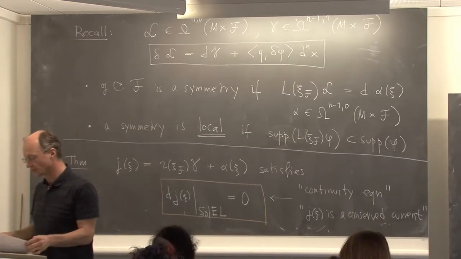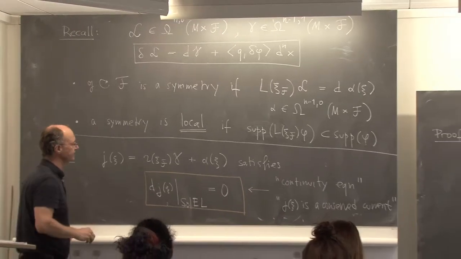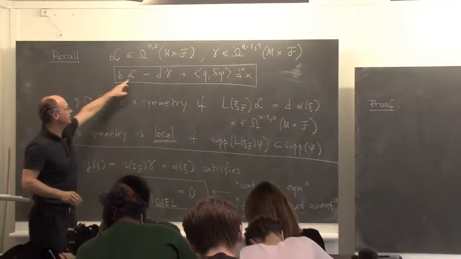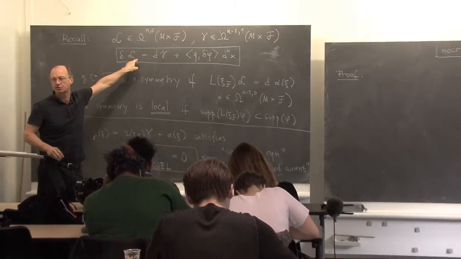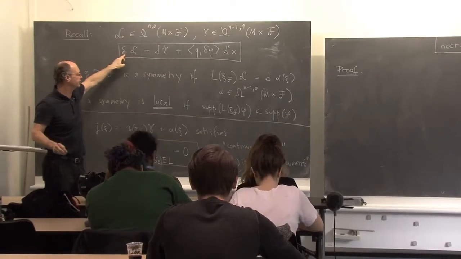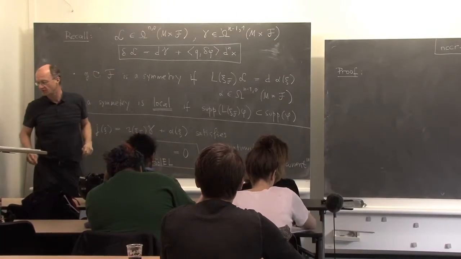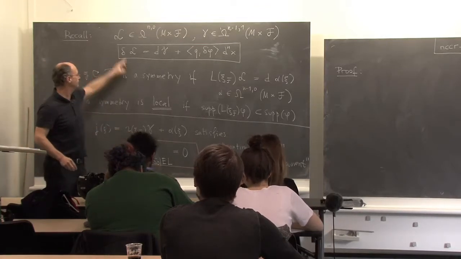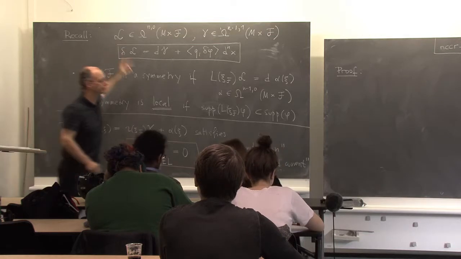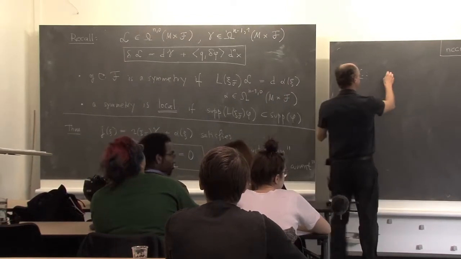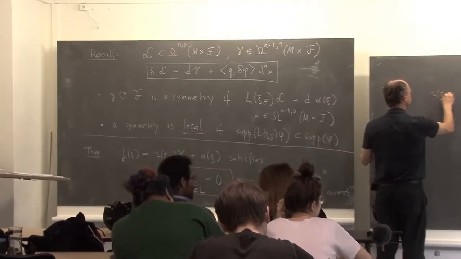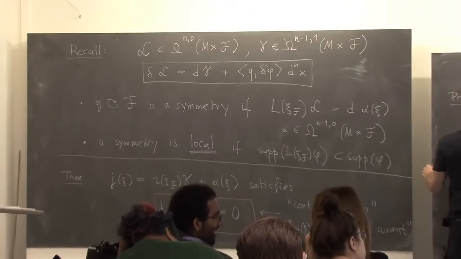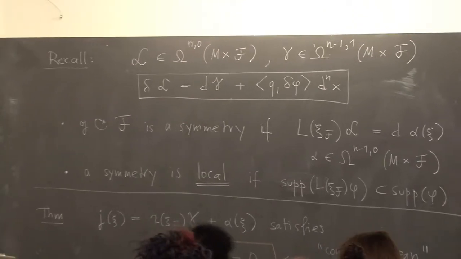Now, proof. The proof is very easy. Basically what we have is this equation, and we don't have much else. So let's apply ι_ψ_F to this equation and see what comes out. So ι_ψ_F applied to dL.